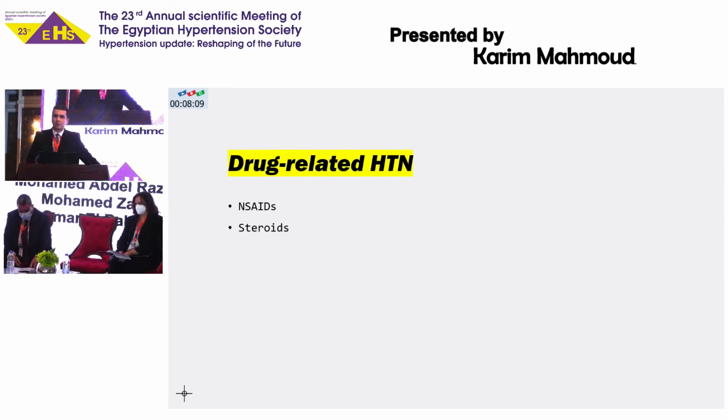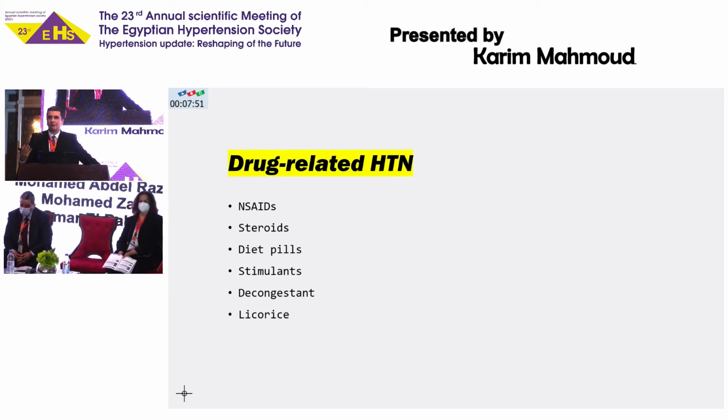We should know if the patient takes some drugs that can be associated with an increase in the blood pressure, such as NSAIDs and steroids that can lead to salt and water retention, diet pills, stimulants and decongestants that can lead to sympathetic nervous system activation, licorice that can activate the mineralocorticoid receptor, the oral contraceptive pills, and chemotherapeutic agents such as cyclosporine, vascular endothelial growth factor inhibitors, and tyrosine kinase inhibitors that lead to a state of systemic vasoconstriction via the reduction of nitric oxide and the increase of endothelin-1.